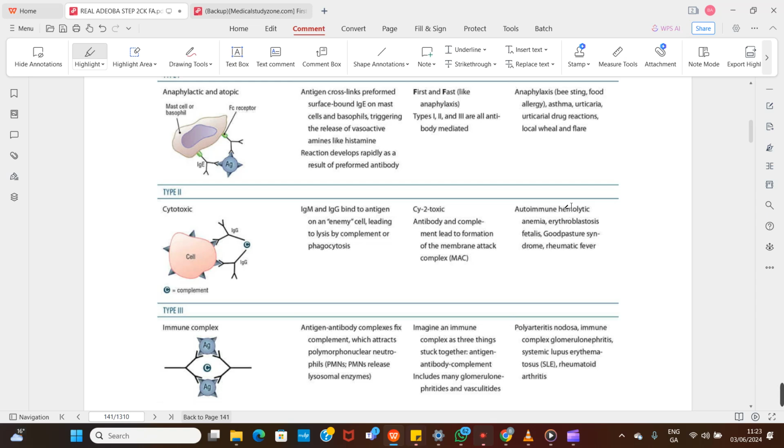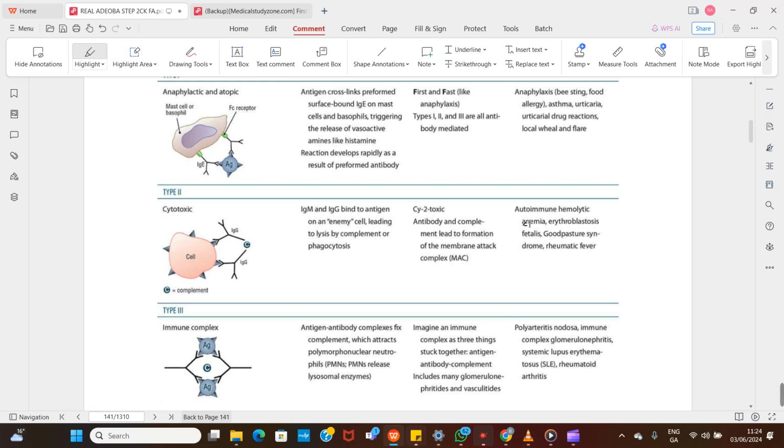It is an example of a type 2 cytotoxic reaction because you have antibodies formed against the red blood cell that destroy the red blood cells. So erythroblastosis fetalis is the hemolytic disease of the newborn, and the autoimmune hemolytic anemia, both the warm and the cold. And then the ones that are shared with inflammation.